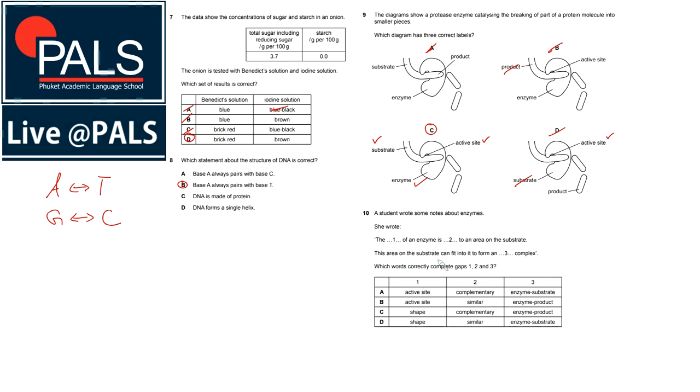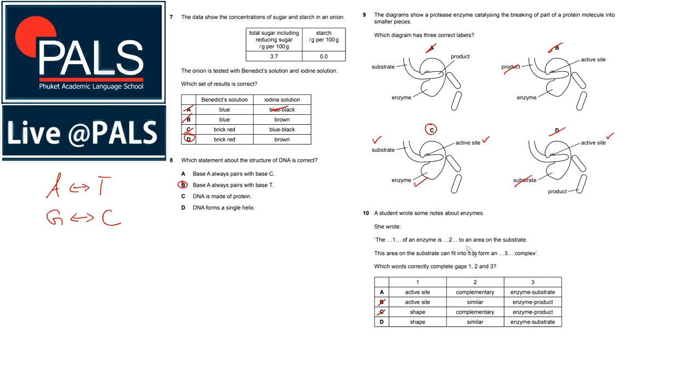This area on the substrate can fit into it to form an enzyme substrate complex. So when enzyme and substrate stick together, it is an enzyme substrate complex. So it is not B or C.